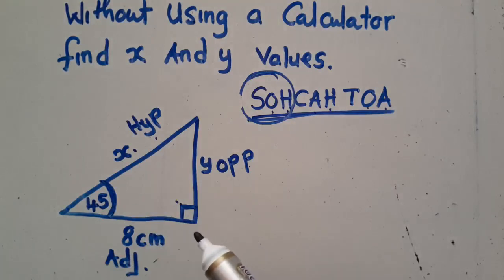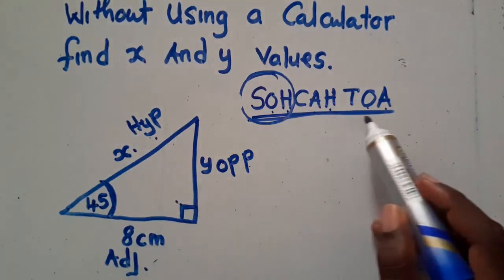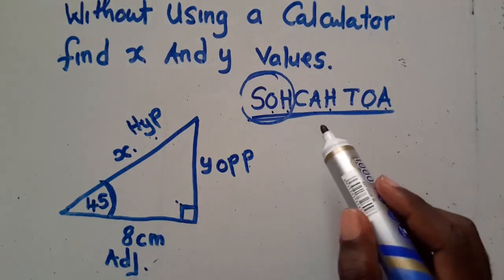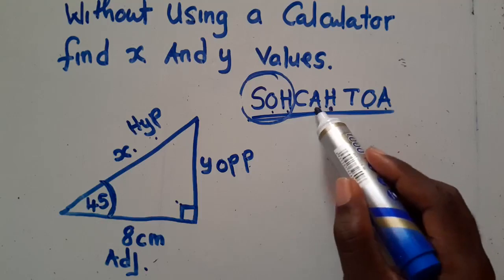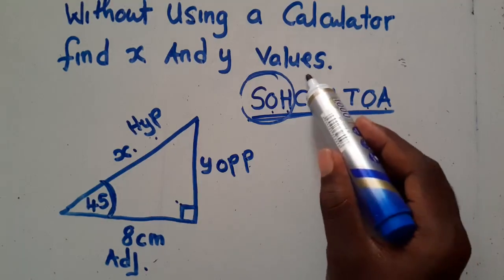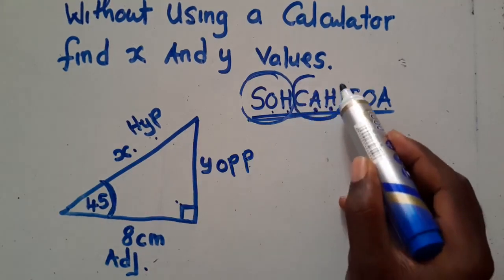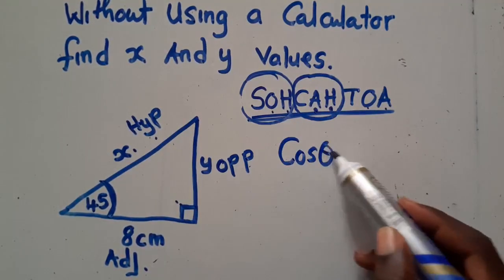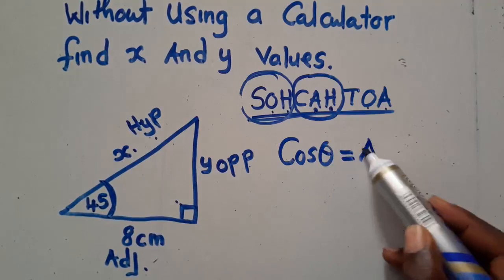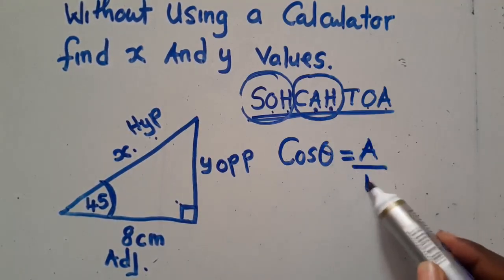You check on SOHCAHTOA: hypotenuse and adjacent are on the cos. So you know that cos theta is equal to adjacent over hypotenuse.